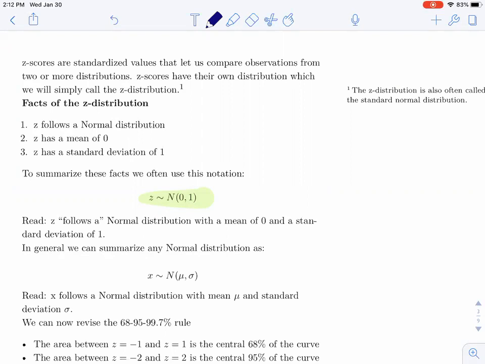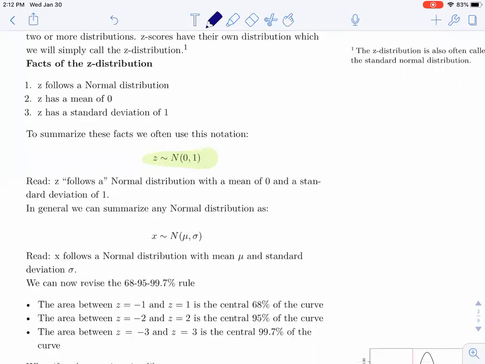Notice what we're doing here: shape, center, spread. So it has all the things that we need to describe the distribution fully. I've often seen people get confused and try to plug in a value for n. That's not going to be the case. A lowercase n is the sample size, but a capital N in this case just means normal distribution.